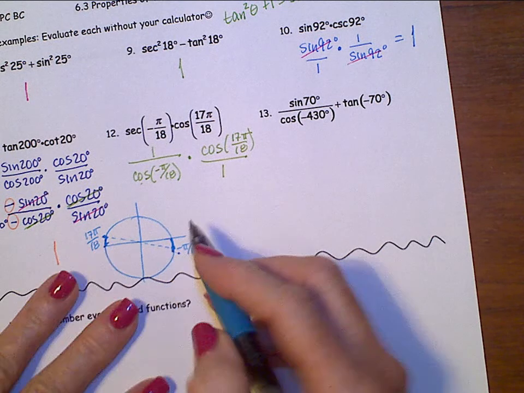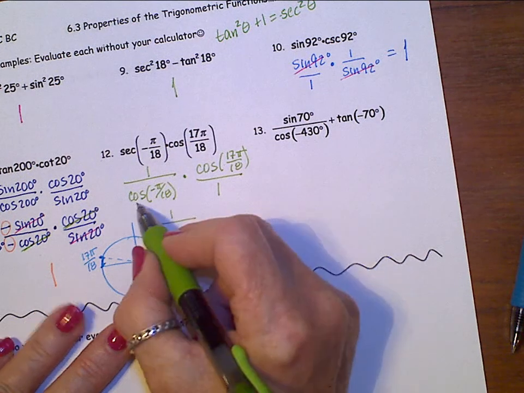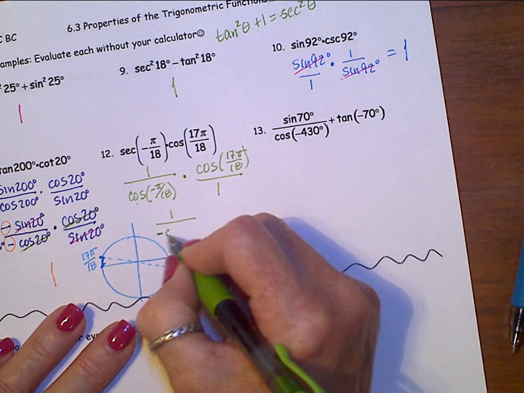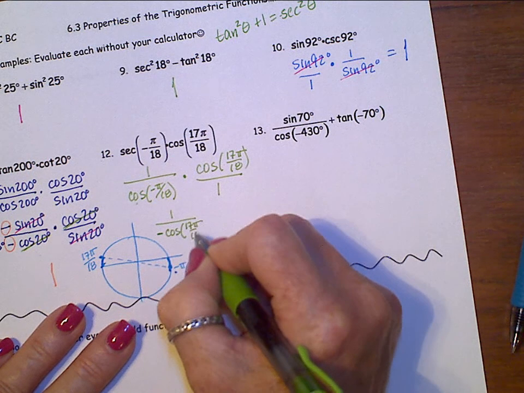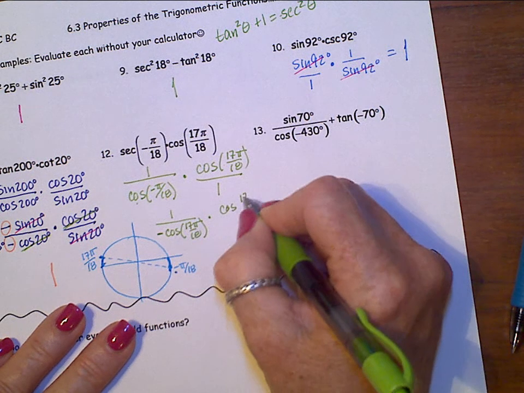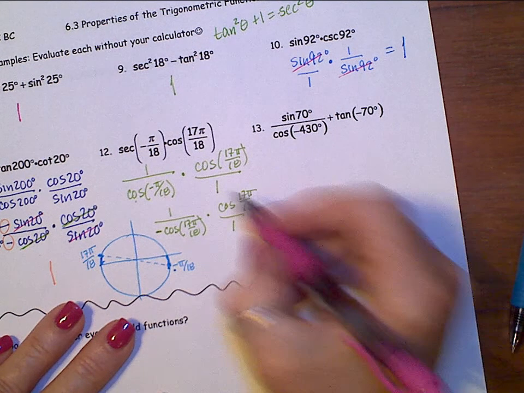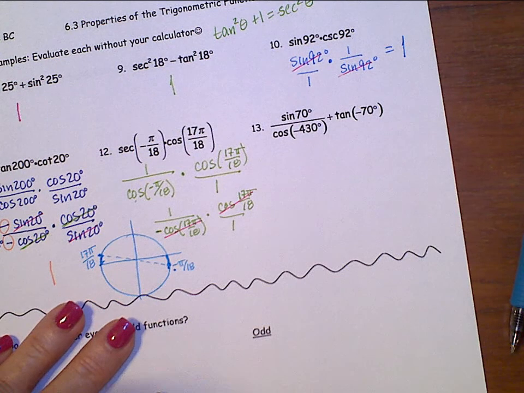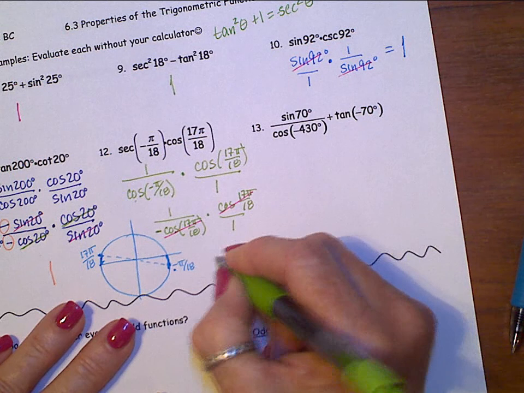So we can say that the cosine of negative pi over 18 is the opposite of the cosine of 17 pi over 18. Oh, look at that. And we just ruined our record because this one does not multiply to be 1. This one multiplies to be -1.